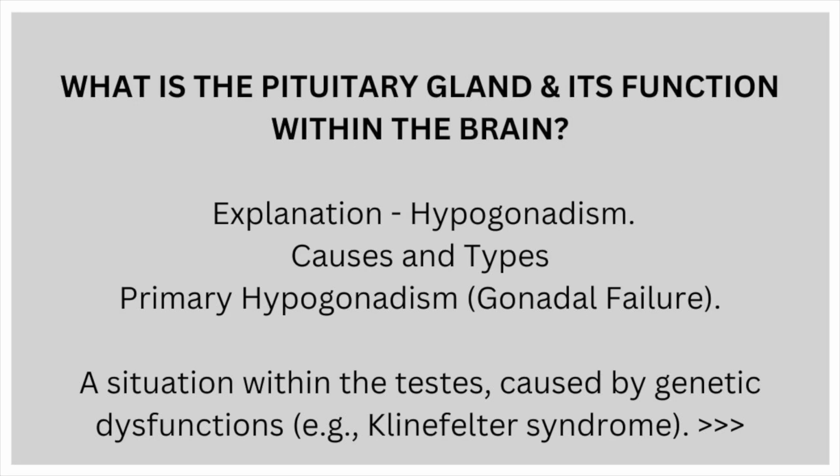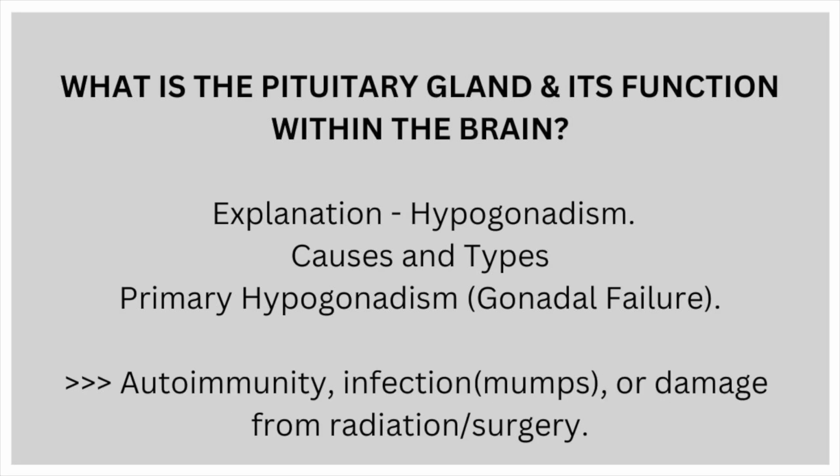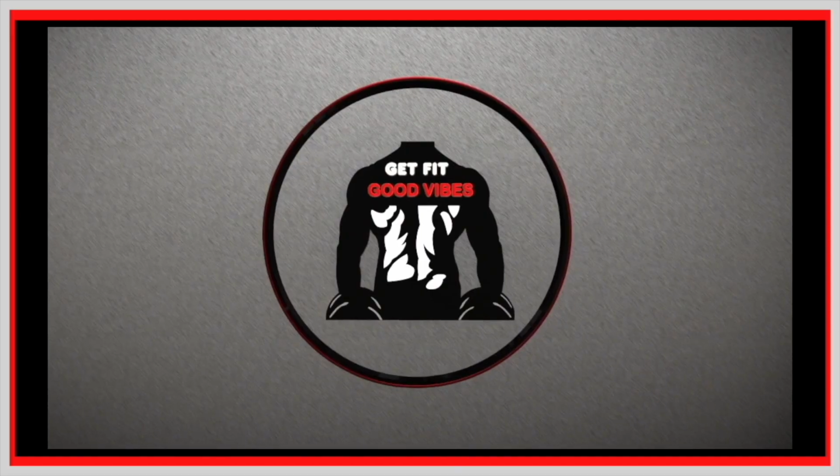Causes and types: primary hypogonadism, gonadal failure. This is a situation within the testes caused by genetic dysfunctions, for example, Klinefelter syndrome. Autoimmunity, infection, this being mumps, or damage from radiation surgery.